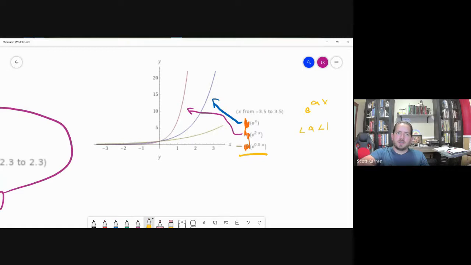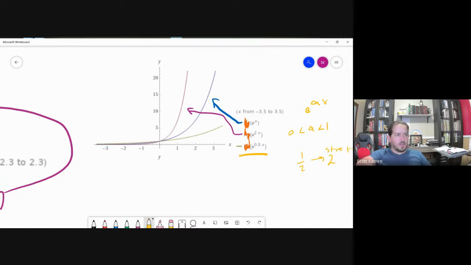And I want a to be greater than 0, otherwise we're talking about a reflection. If a is between 0 and 1, it's a stretch by a factor of 1 over a. So if this is 0.5, that's 1/2, and so it's a stretch of 2.